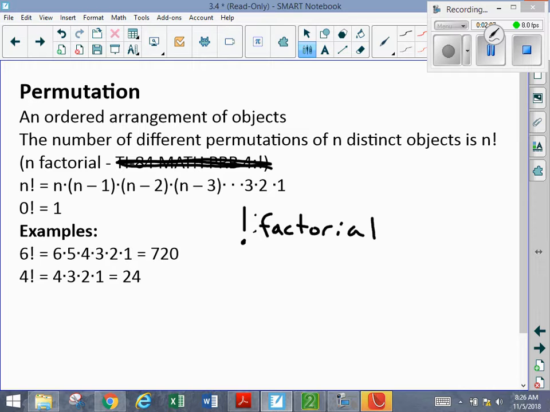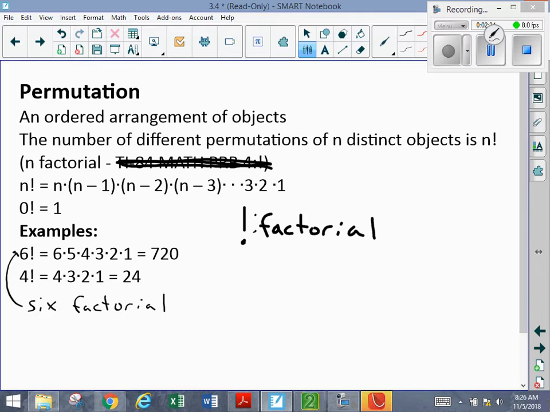So I'll say, hey, it's 6 factorial, right? The way I would say it is 6 factorial. And it's interesting what it does: it just multiplies. So if it's 6 factorial, it multiplies the number times the number minus 1, then the previous number minus 1, and it multiplies it out.